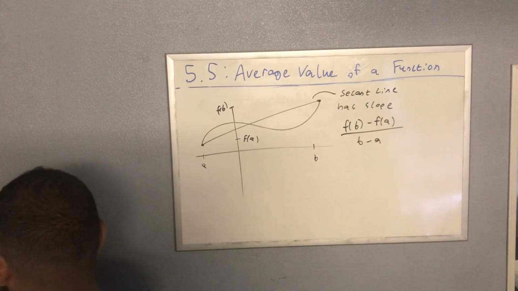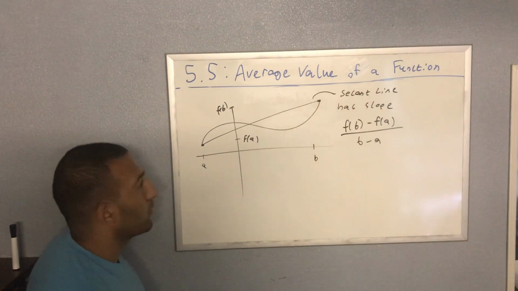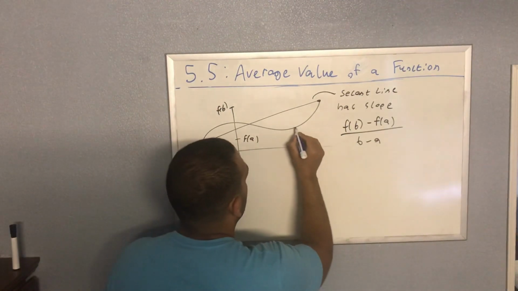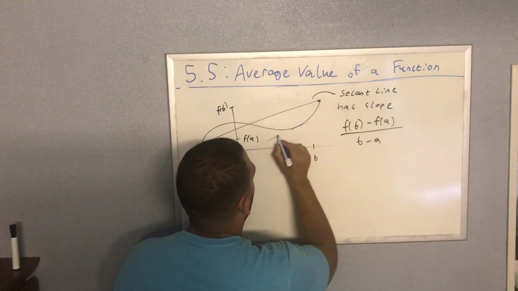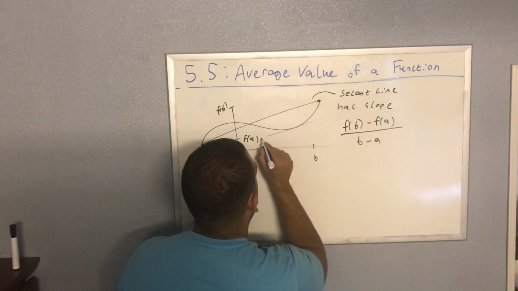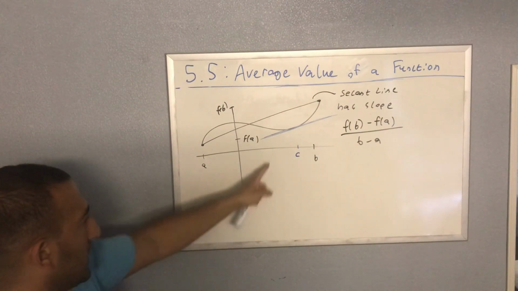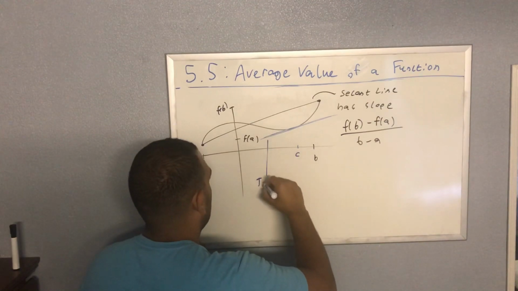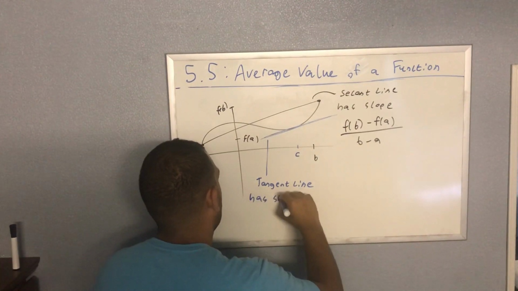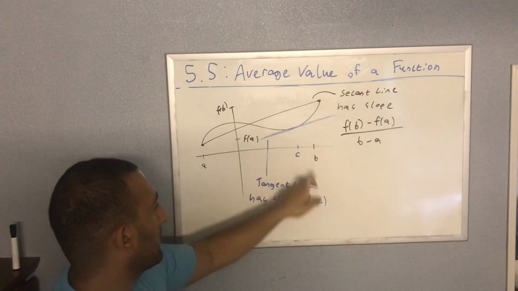Then the mean value theorem said that there is at least some other point, C, at least one, given certain conditions like differentiability and continuity, such that the slope of the tangent line, so for example this point C, the slope of this line, the tangent line, remember we denoted the slope of the tangent line at any point as f prime of that point.